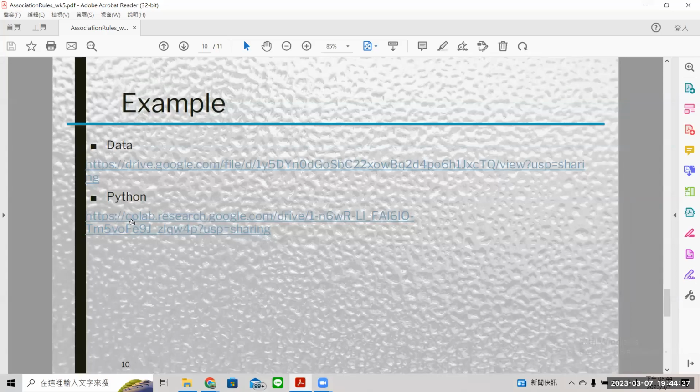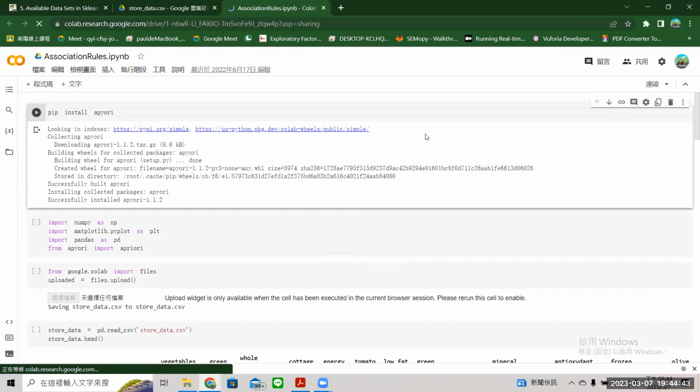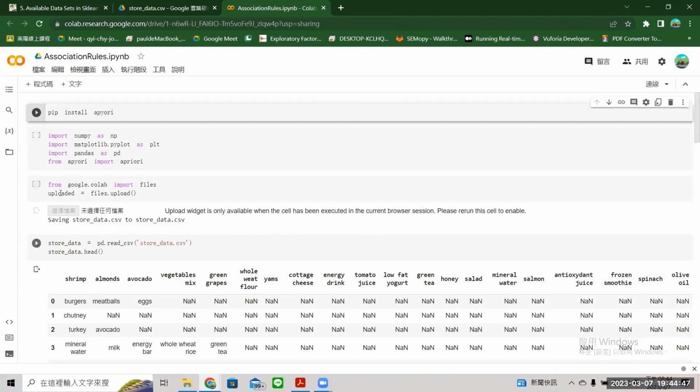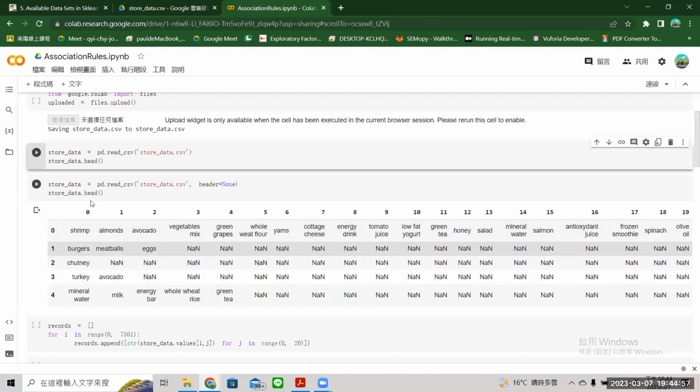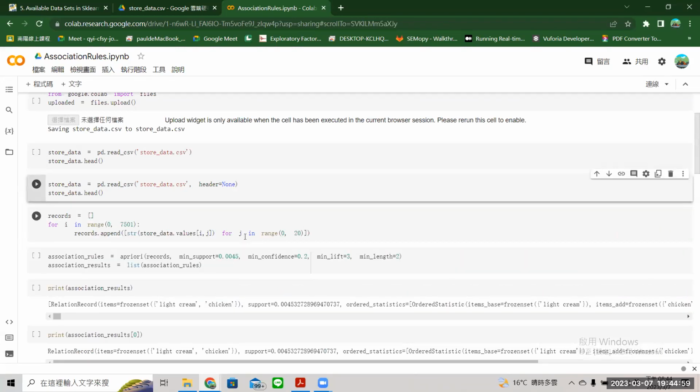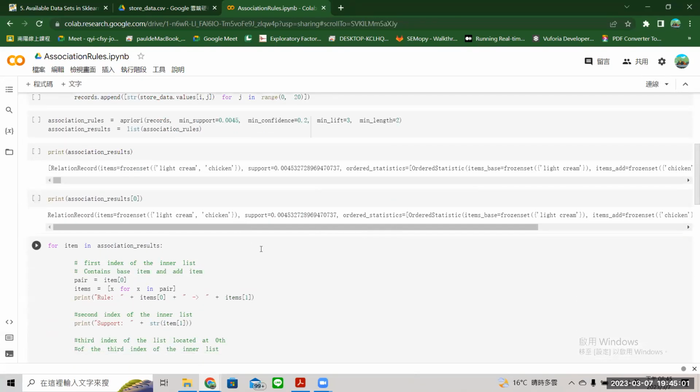Use this Python. Remember, please download the data set first, okay? And here, please upload the file. I remember I told you last time, okay? Then we'll show all the data, analyze the data and finalize.